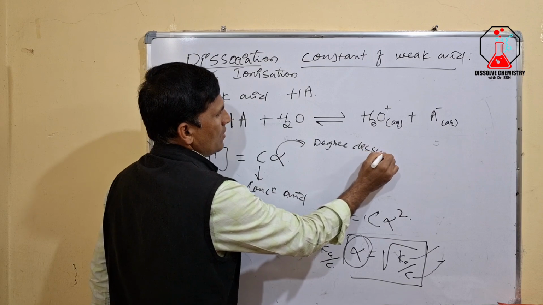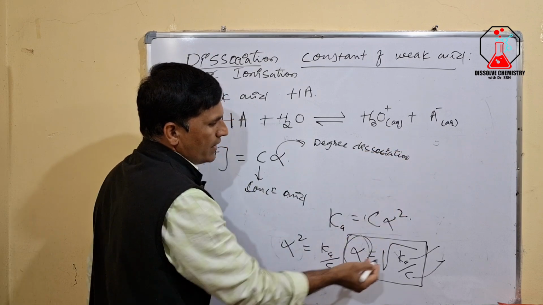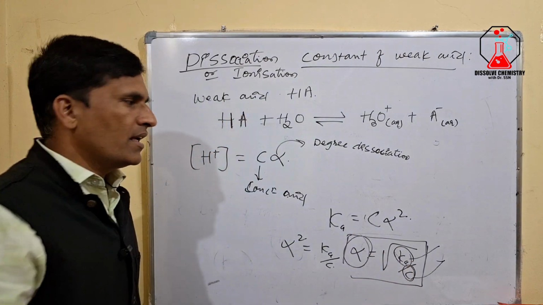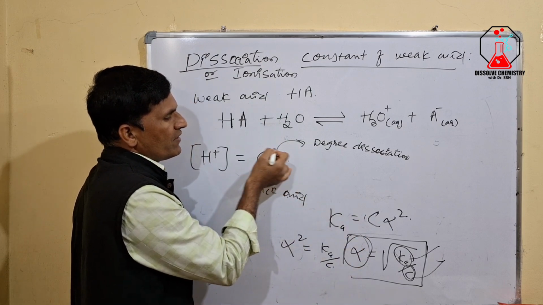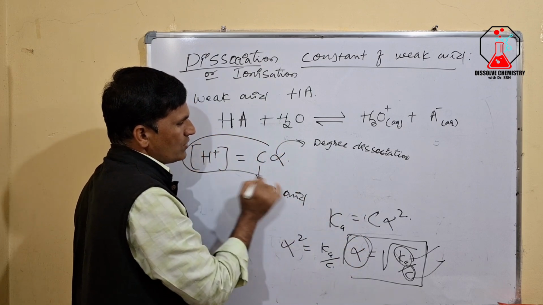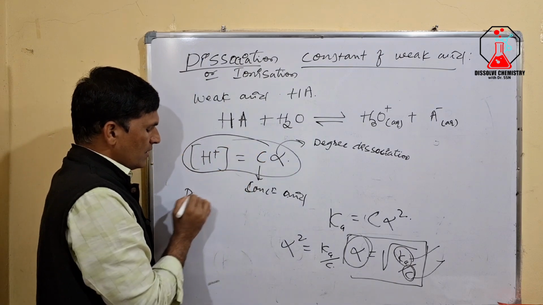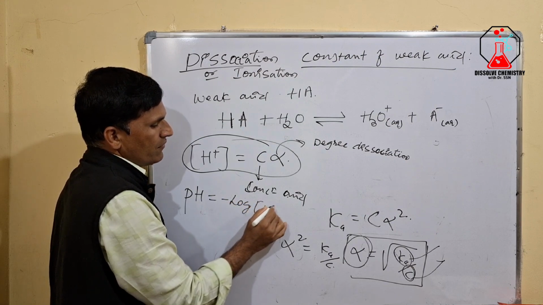So if we know the initial concentration of the acid and the dissociation constant, then we can find the degree of dissociation, followed by the hydrogen ion concentration. Once you know the hydrogen ion concentration, the pH of the solution can be easily found.